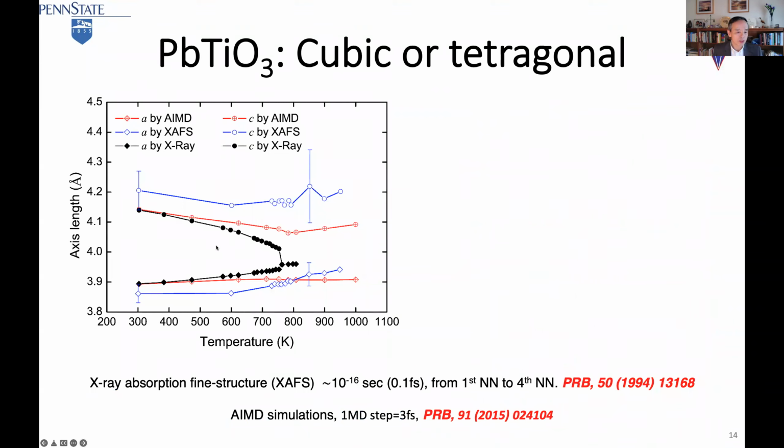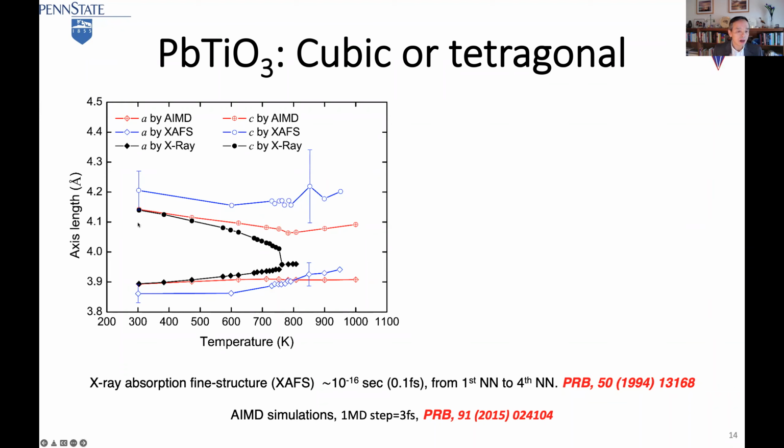That's what you see here. The filled black dots are the X-ray measurements. You see that it is tetragonal and becomes cubic. The blue ones are from XAFS experiments. C is up there, and A is up here, right? You see A is moving up a little bit, and C maintained almost the same.